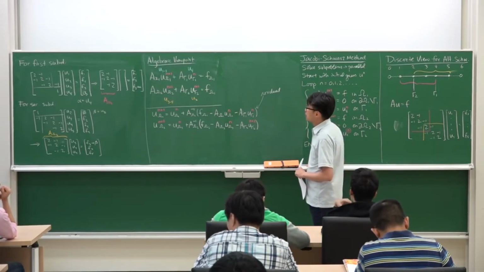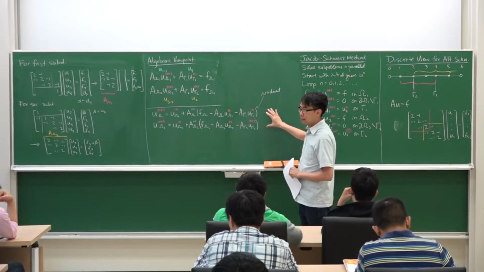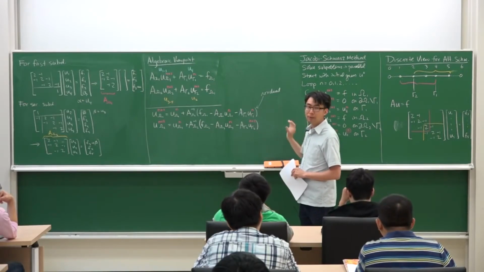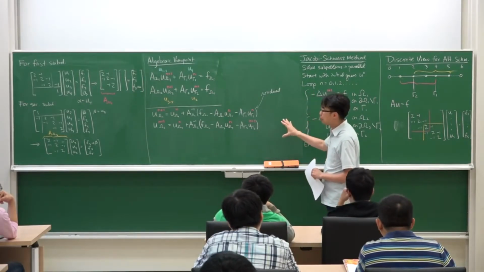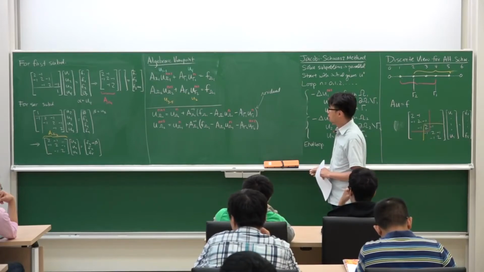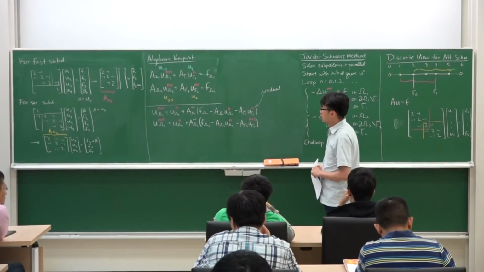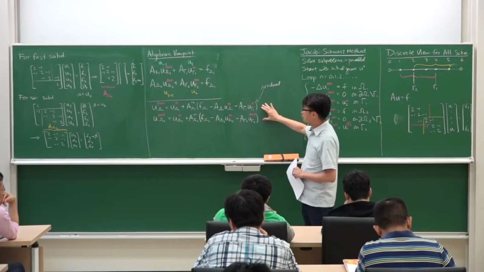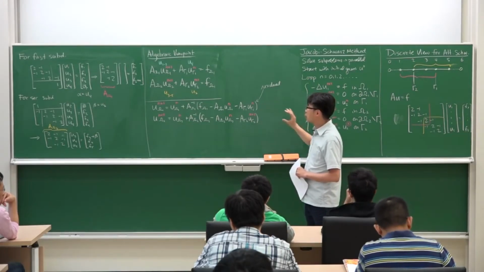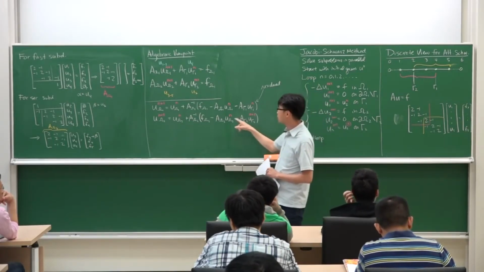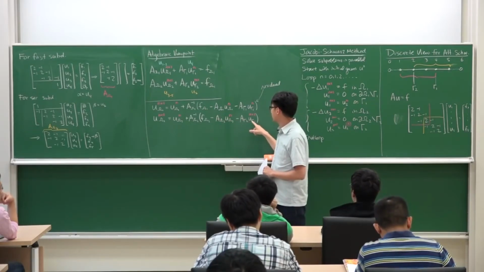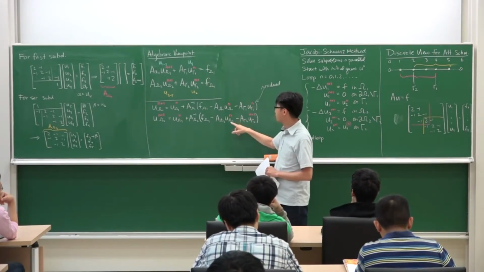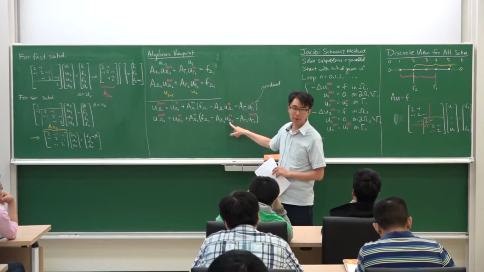Okay? So this is a method that we call multiplicative Schwarz. I'm going to write it in a slightly different form. This form is a little bit difficult to use for two reasons. One is this residual contains components of U at different levels, at different iteration counts.